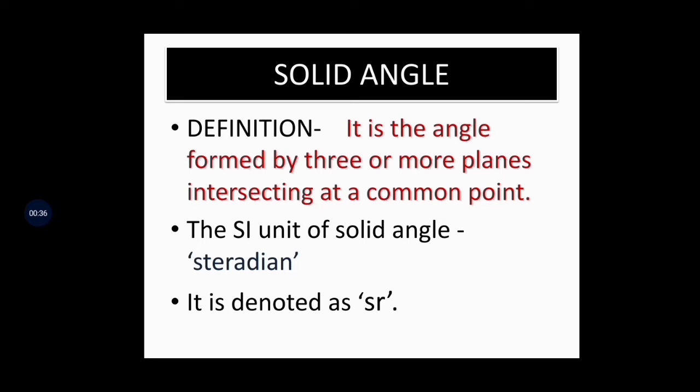So the SI unit of solid angle is steradian. Do you remember the SI unit of plane angle? Yes, it is radian. But the SI unit of solid angle is steradian. So we normally denote the unit symbols in small letters. So it is denoted as small s, small r. So small s, small r means steradian.